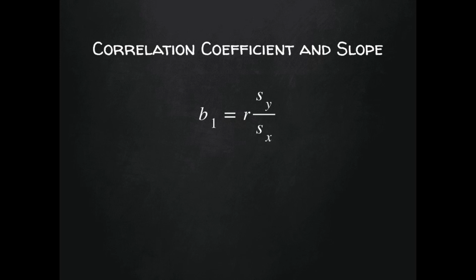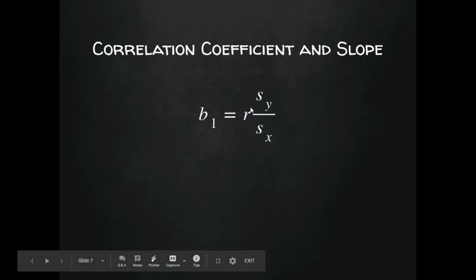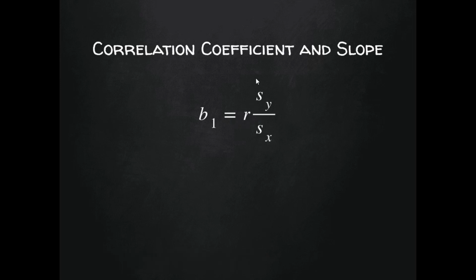The reason we're discussing this is because we need to talk about how the correlation coefficient for data compares to the slope of the model. It turns out that if you take the correlation coefficient for a set of data and you scale it using the sample standard deviations, that equals the slope of our regression line.